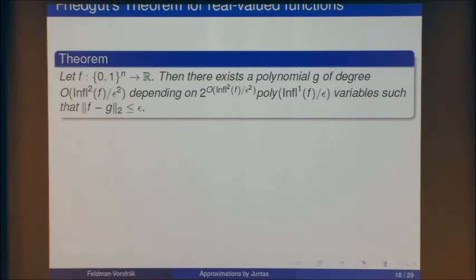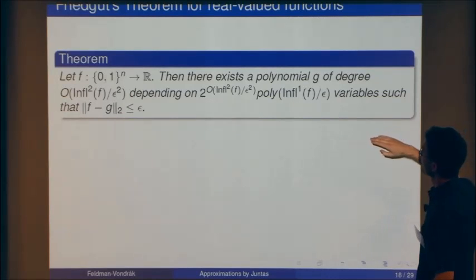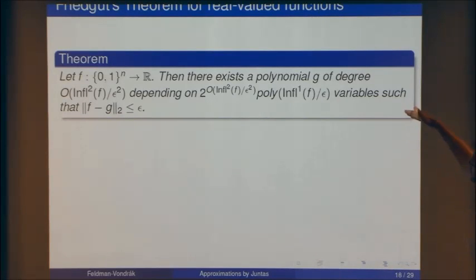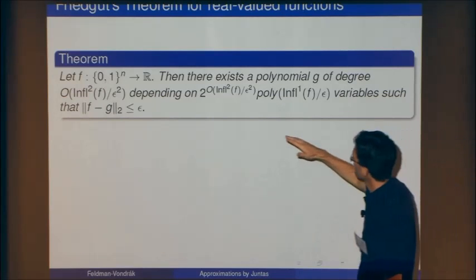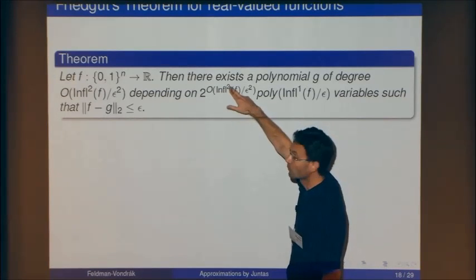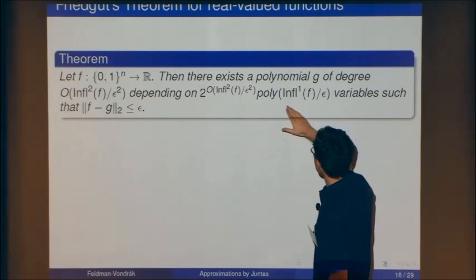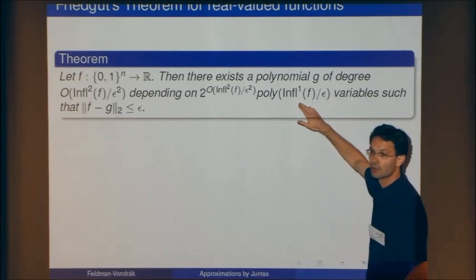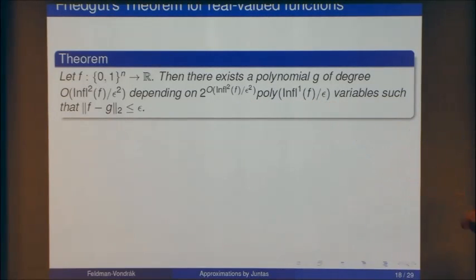And here's one statement that you can prove. There's some flexibility in terms of what kappa you use, but I think this is the easiest one to remember. Basically, for any real valued function, there's a junta which depends exponentially on the squared influences, and then polynomially on the L1 influences.